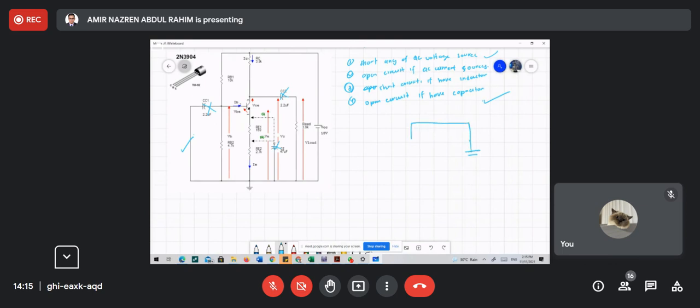We have RC, we have the BJT NPN, and R1, RE1, RE2. And then we have the parallel resistance RB1 and RB2.